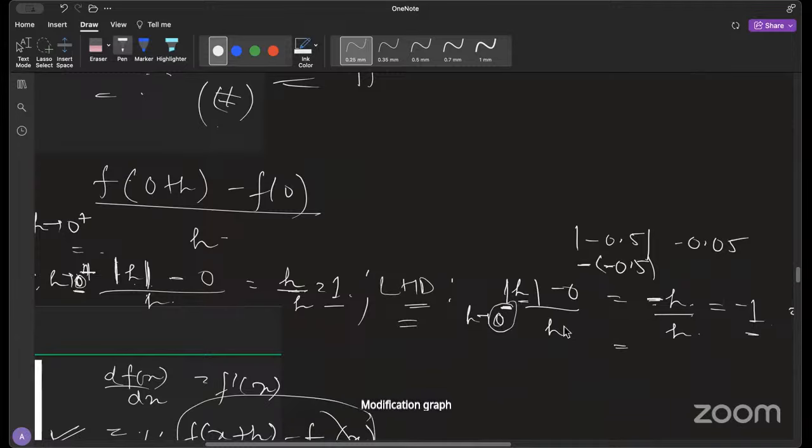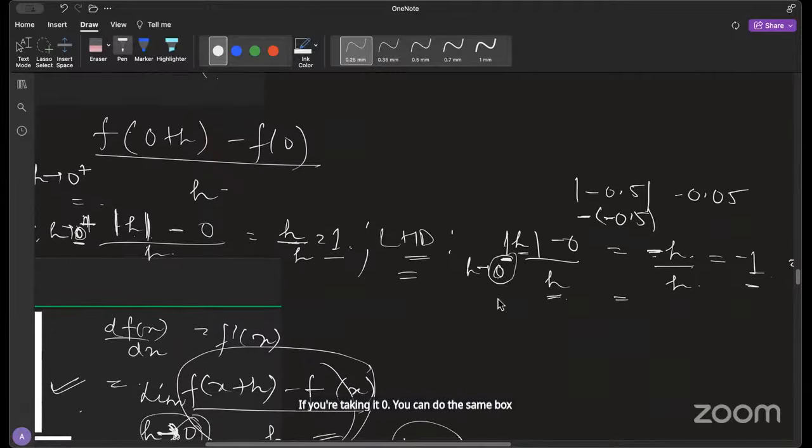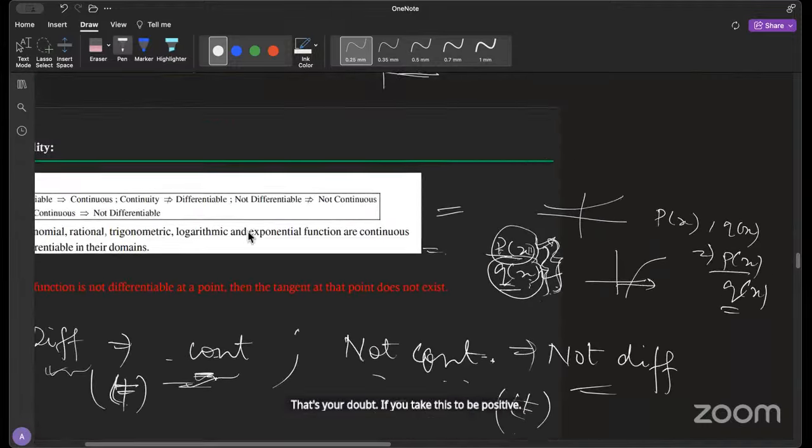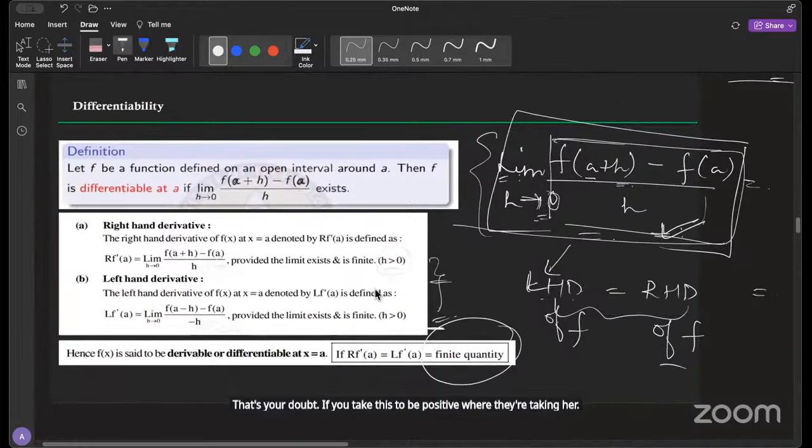Graphically speaking, even this one, the bottom will be minus h then, so it's the same. If you use the other formula, it will be f of 0 minus h minus f of 0 upon minus h. If you're taking it 0, you get the same answer. If you take this to be positive, that's what I was telling there. In one case we are taking h positive.